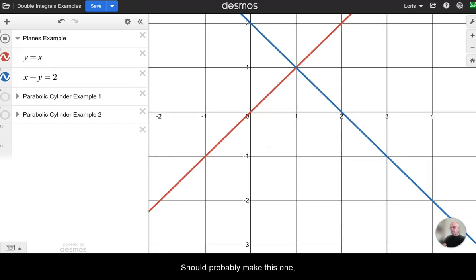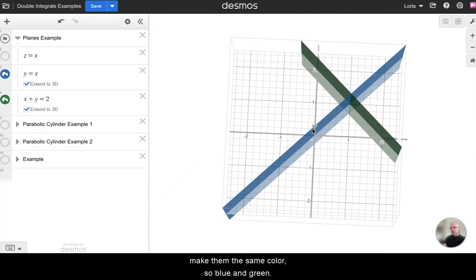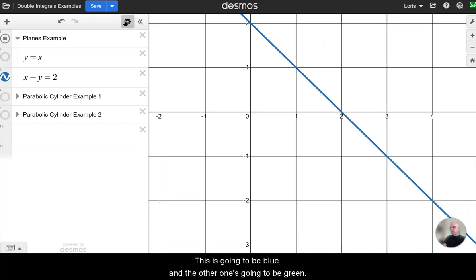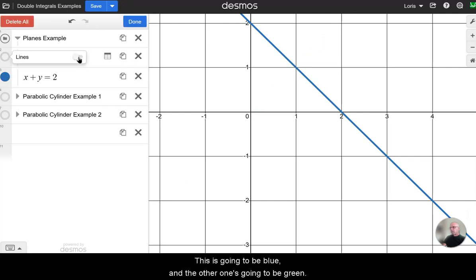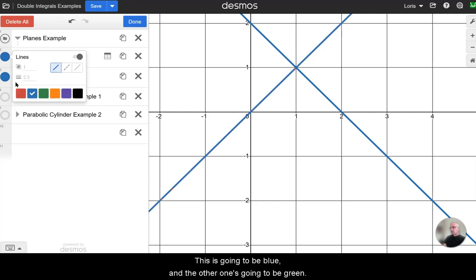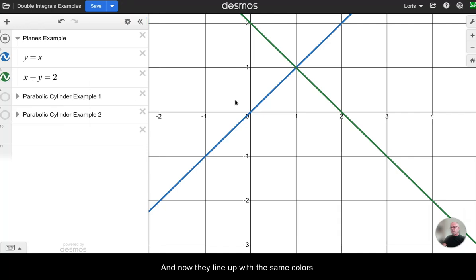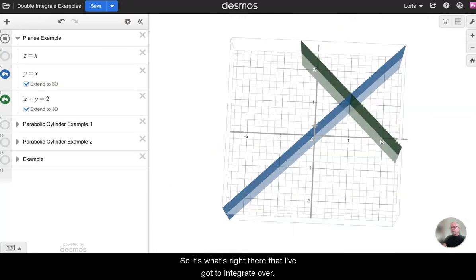I should probably make them the same color. So blue and green. This is going to be blue, and the other one's going to be green. And now they line up with the same colors. So it's what's right there that I've got to integrate over.